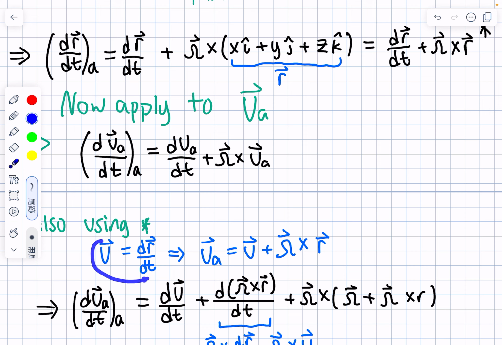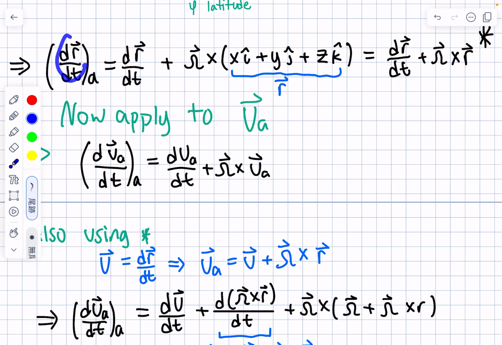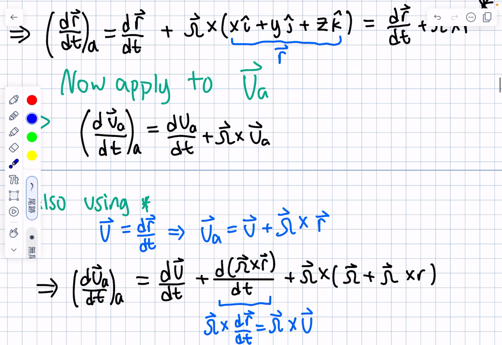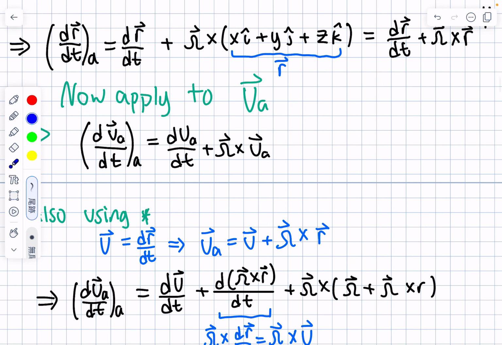So knowing that u is equal to dr dt, we can now plug into this equation. We'll get ua, because we put u here, and then ua is just equal to ua, and on the right hand side we plug in u, and we keep this part the same. So we have this omega vector cross r vector.